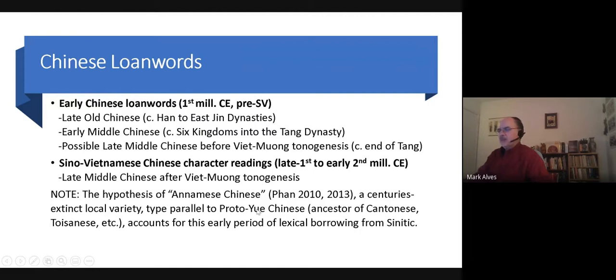And so this is what accounts for this early period of lexical borrowing. The idea is there was a large population of Chinese speakers that helped this borrowing to happen. I'm not going to debate that right now. I think there's a lot of evidence that you had to have a large group of Chinese speakers.